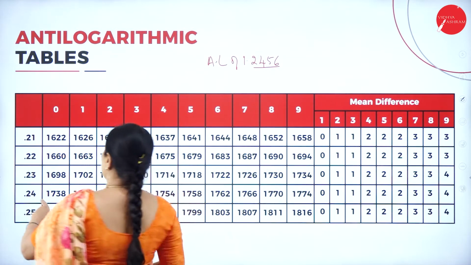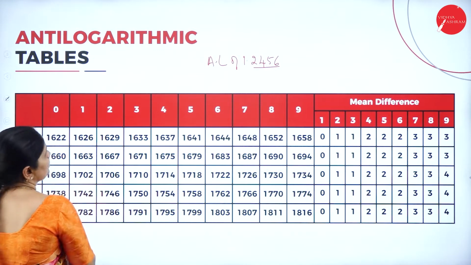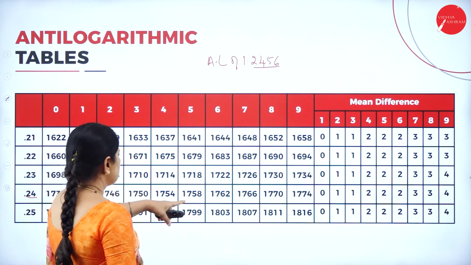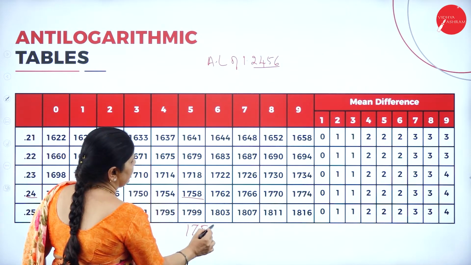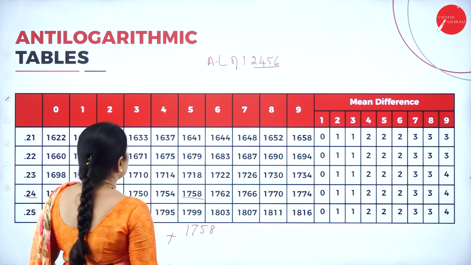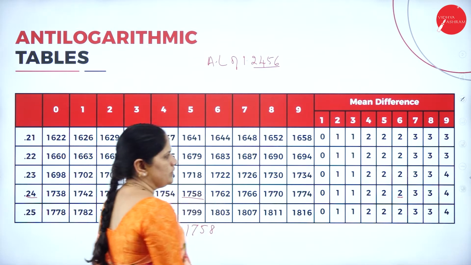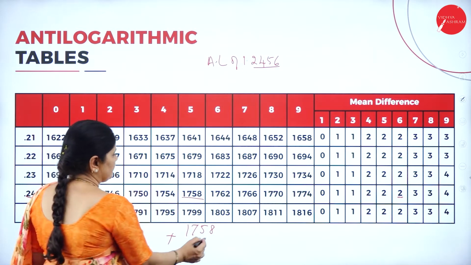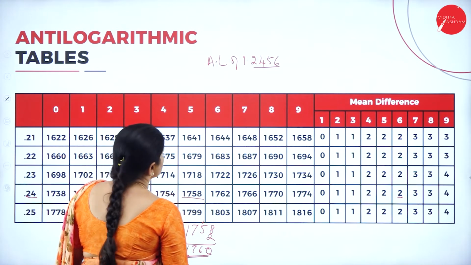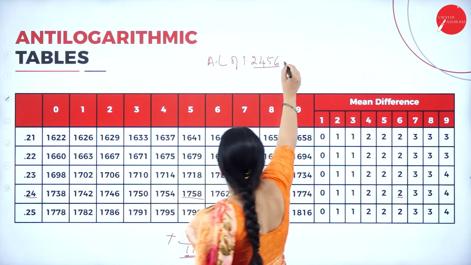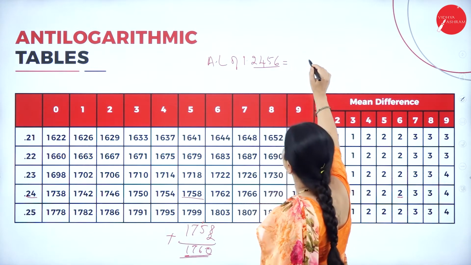So, 0.24 is here, so 0.245. What is the fifth value? 1758 plus 6, under the mean difference 2 we will see. So 8 plus 2 is 10, borrow 1, 6, 1760.